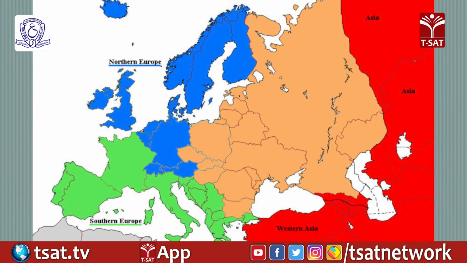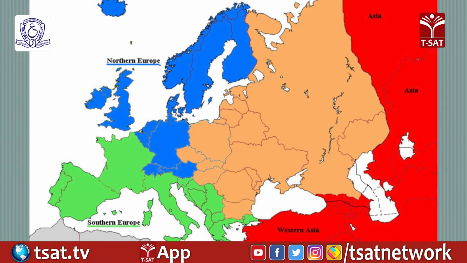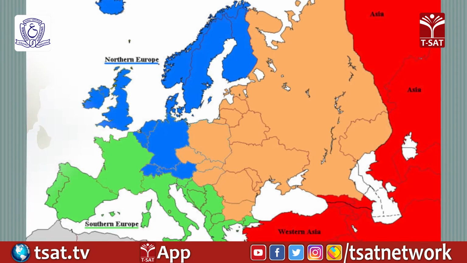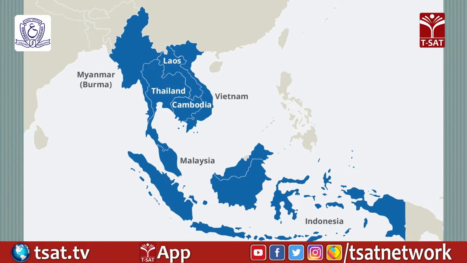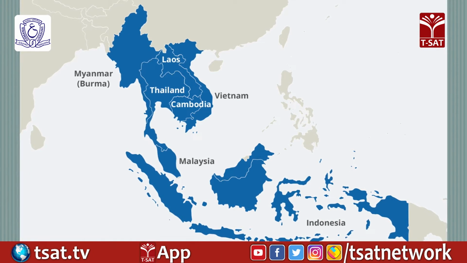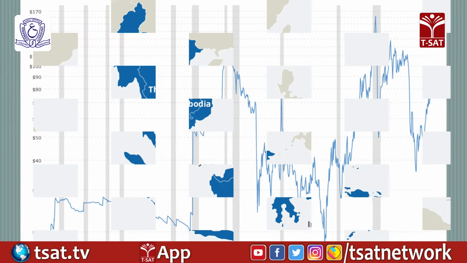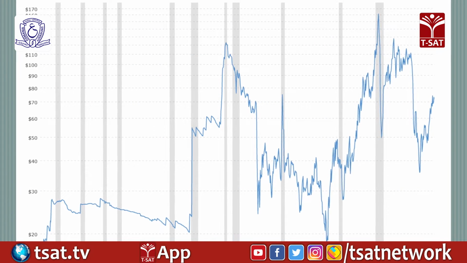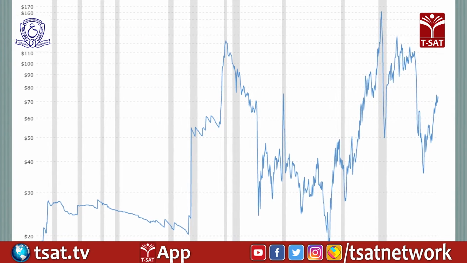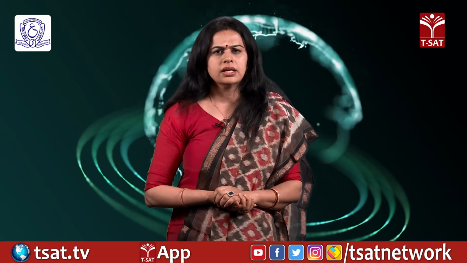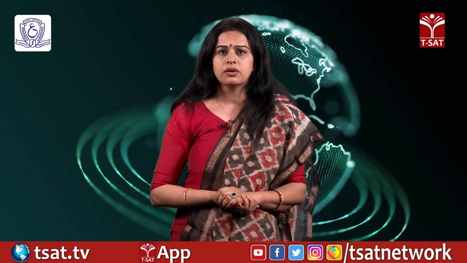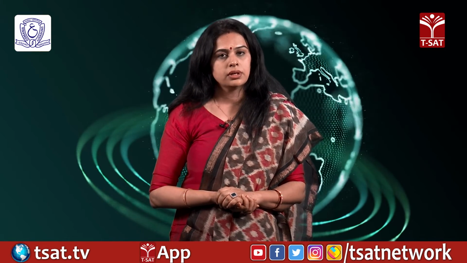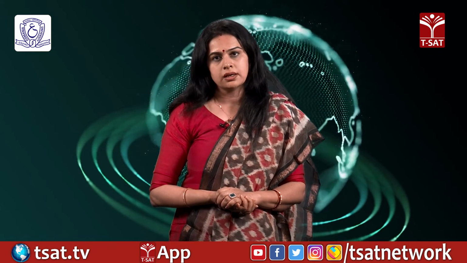Keeping in mind the massive increase of oil demand, particularly in Western Europe and Southeast Asia, OPEC restricted its oil output and enhanced crude oil price sharply between 1965 and 1975. This had a very adverse effect on the economy of the importing countries, particularly developing countries like India.